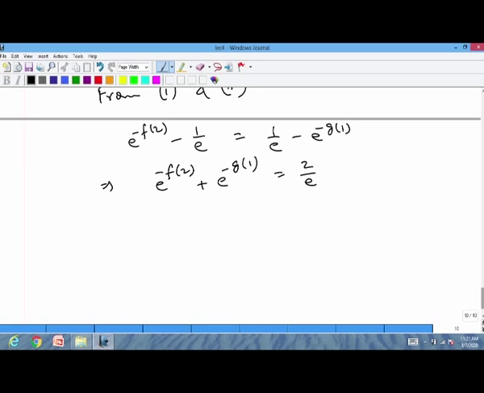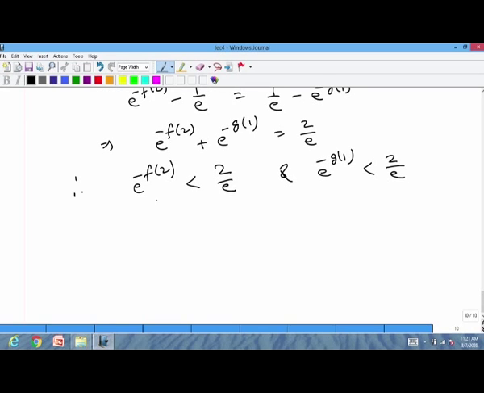Now, we know that exponential is always positive. So, this implies e to the minus f of 2 is strictly less than 2 by e, and e to the minus g of 1 is also strictly less than 2 by e. So, this implies e to the f of 2 is bigger than e by 2, and e to the g of 1 is bigger than e by 2.